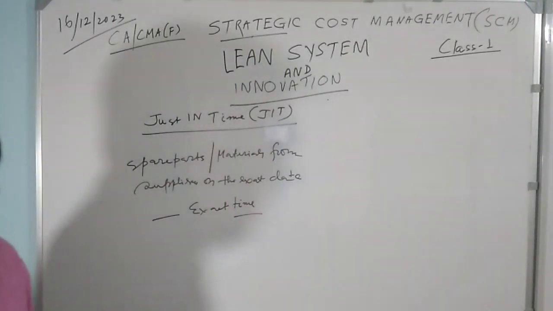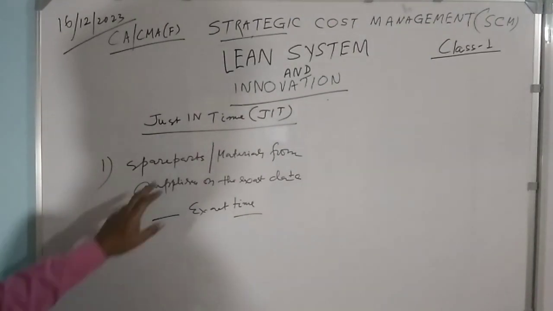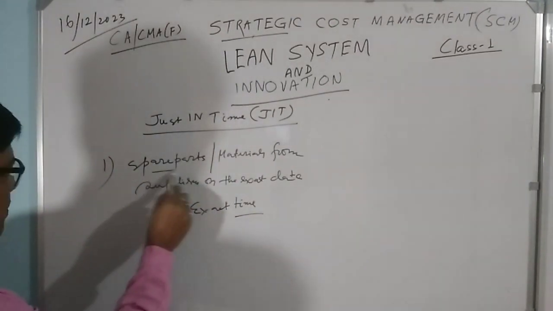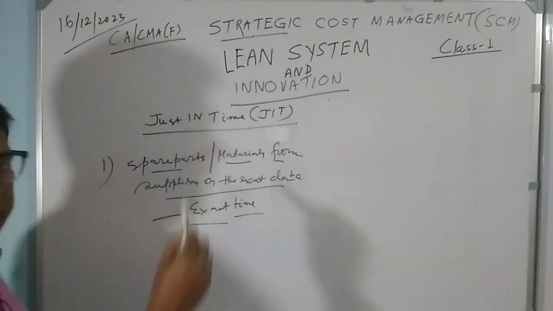You see, what does this point, number 1, specify in the just-in-time concept? Spare parts or materials from suppliers on the exact date and exact time.